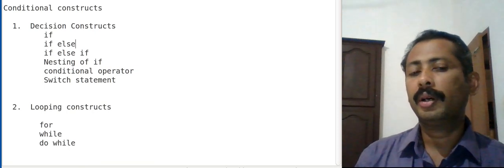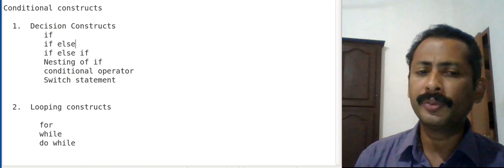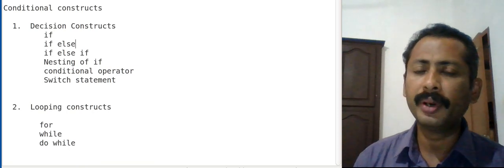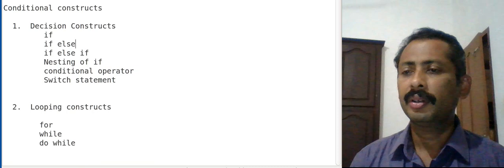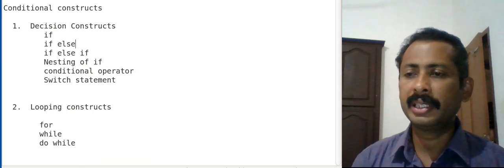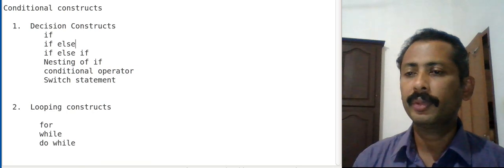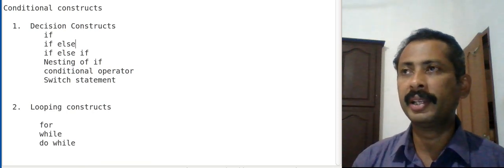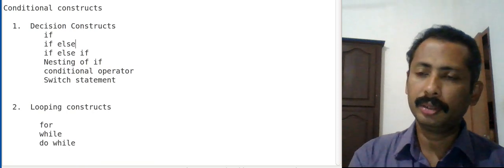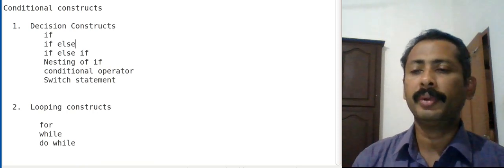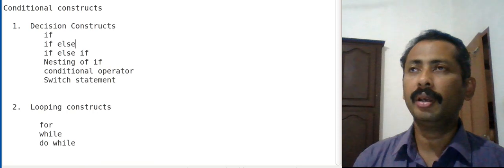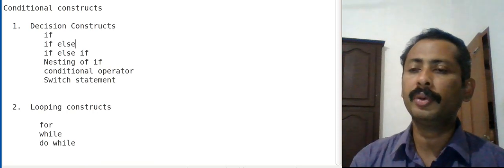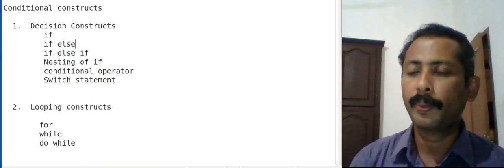An if statement is used for a simple if, for testing some conditions. If a less than b, then we can give a statement. For example, if a less than b, system.out.println hello.